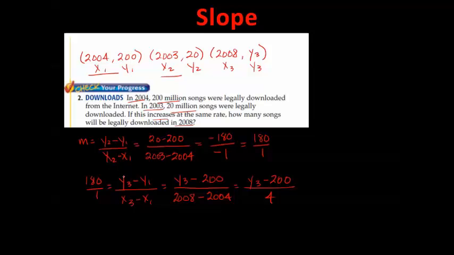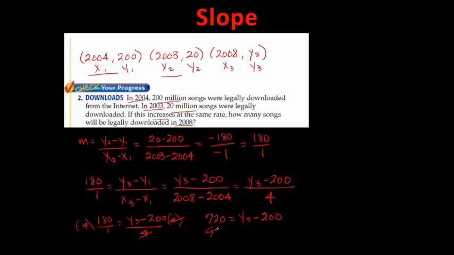Okay, so let's look. Here's the problem that we have now. I'm just getting rid of all that middle information. Now we want to multiply both sides by 4 because we don't want to have any denominators. Well, 180 times 4 is going to give me 720. And then on the other side, I end up with Y3 minus 200 because those guys reduce to 1.